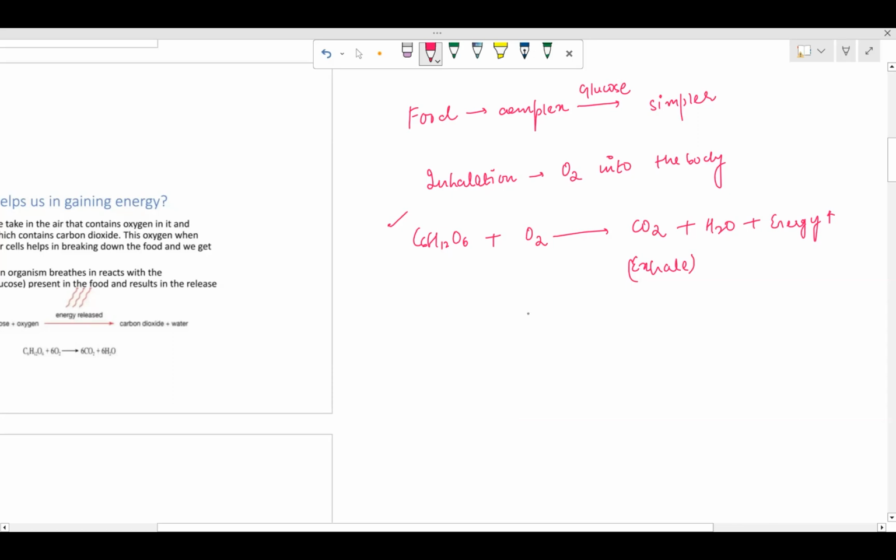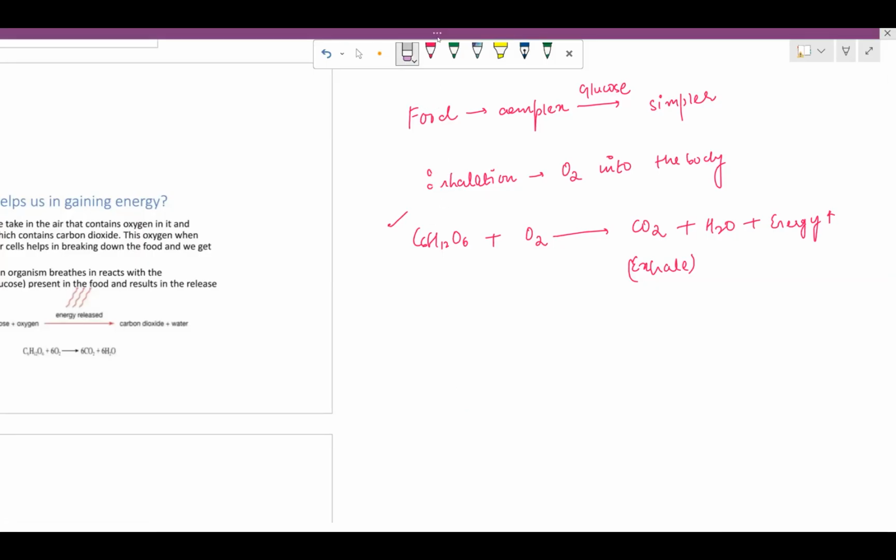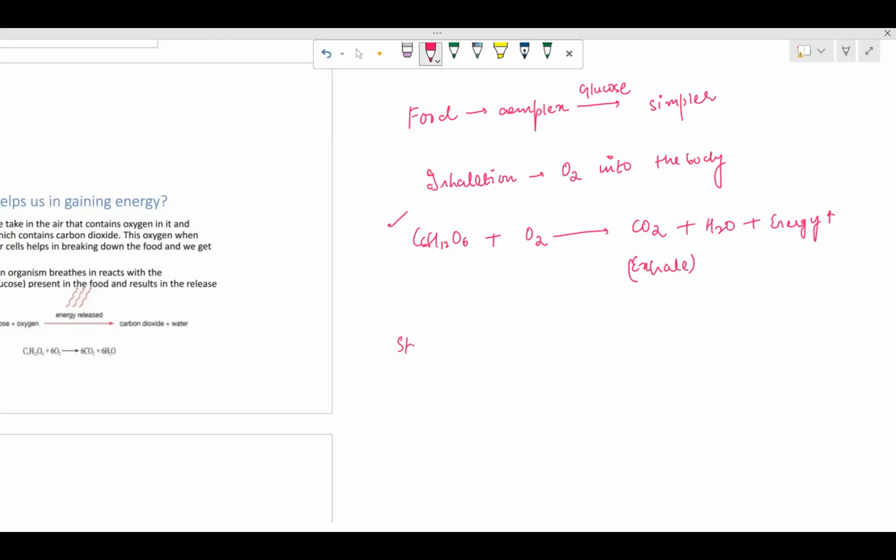Can you people tell me the storage form of glucose in the body of animals? Can anybody tell me?